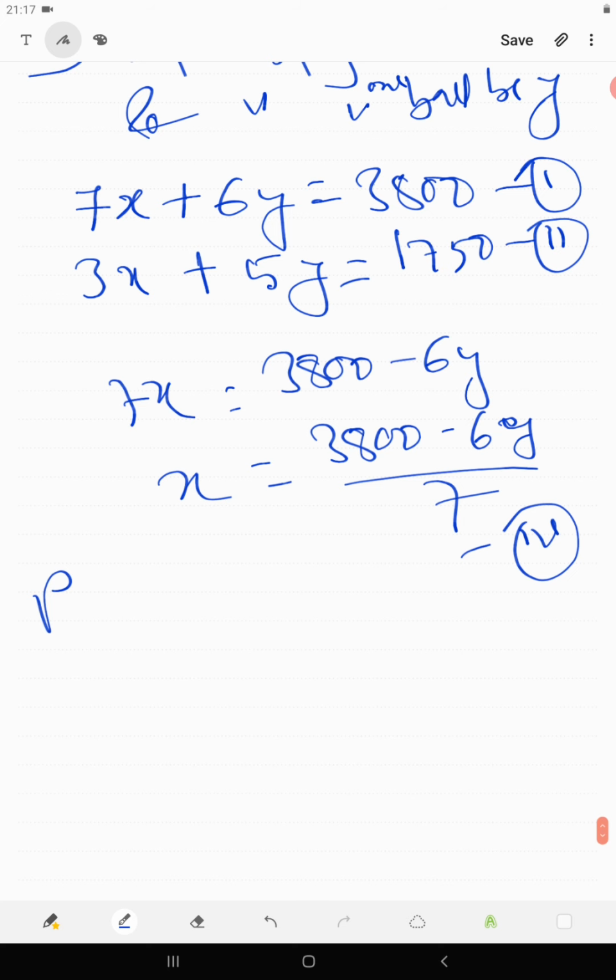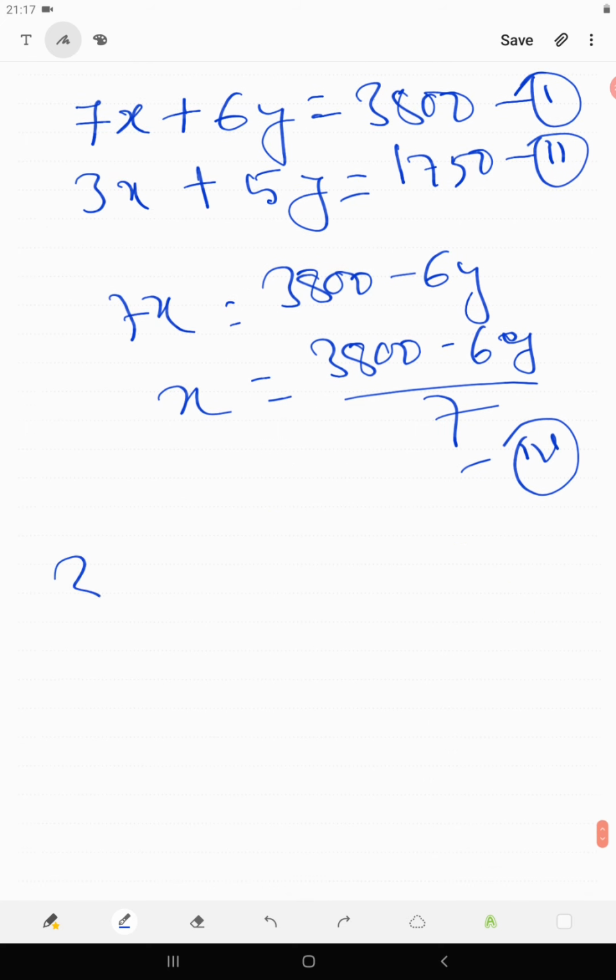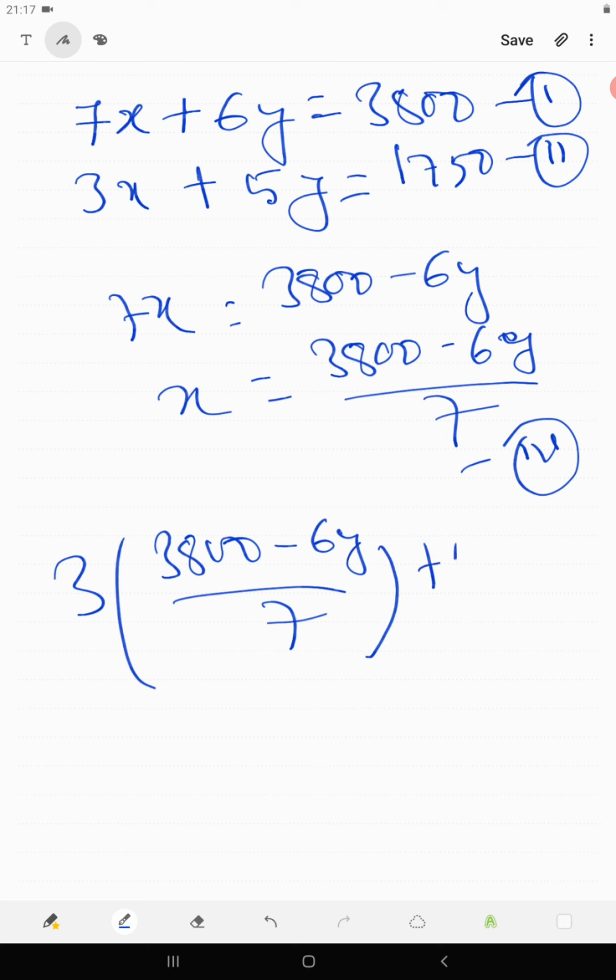So again put this in equation 2. I am not writing the wording, but you please write it. So it will be 3 into (3800 minus 6y) divided by 7 plus 5y equals 1750.